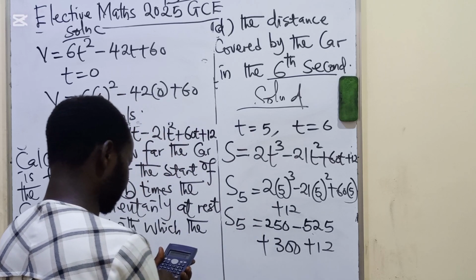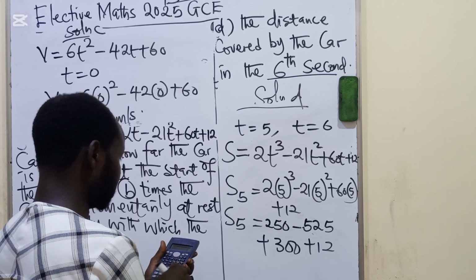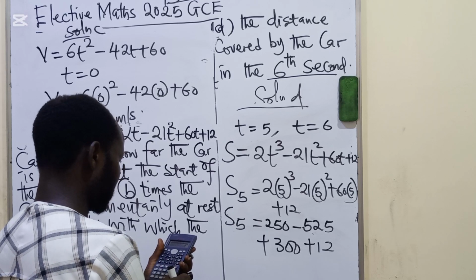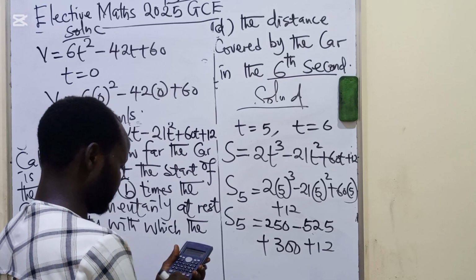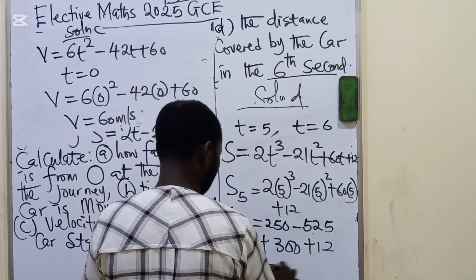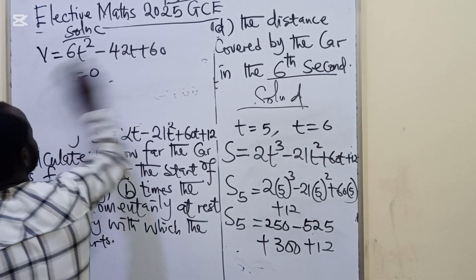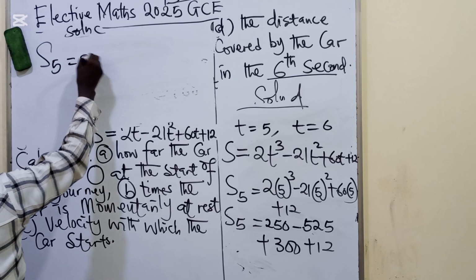Let's add 250 minus 525, then plus 300, then plus 12, we'll get 37. Our S5 now will be 37.